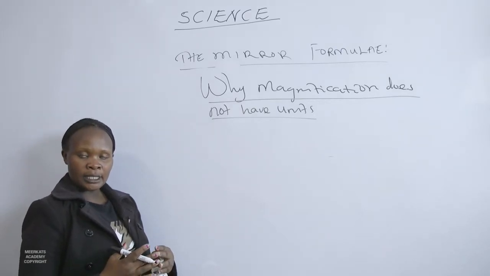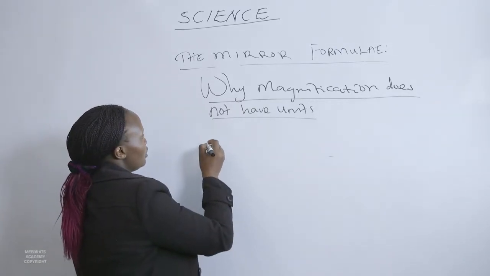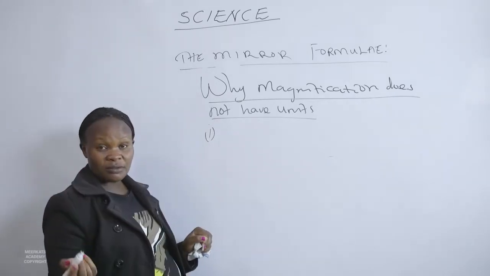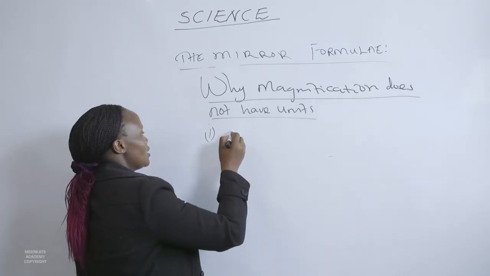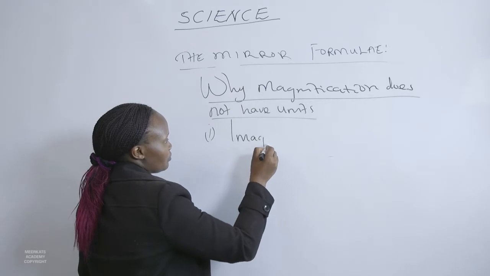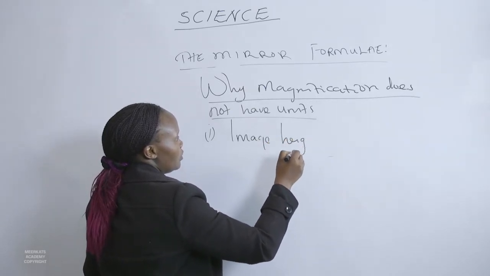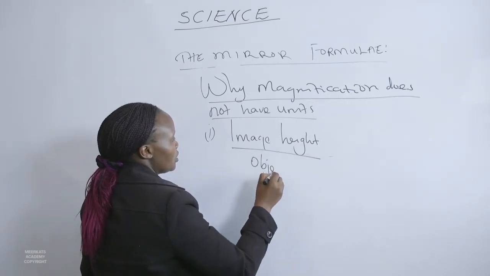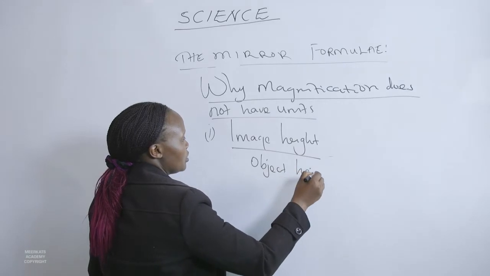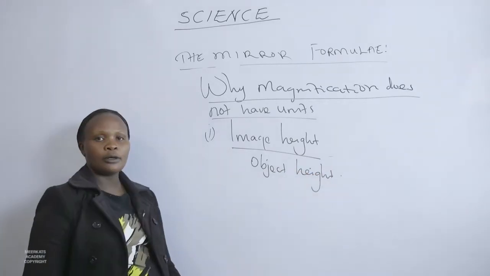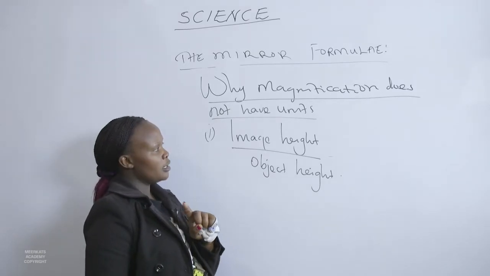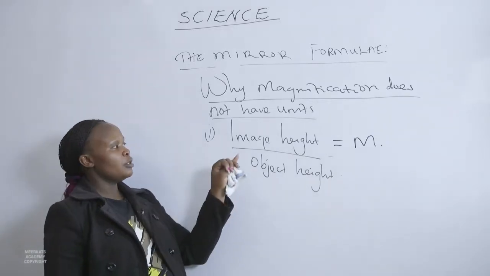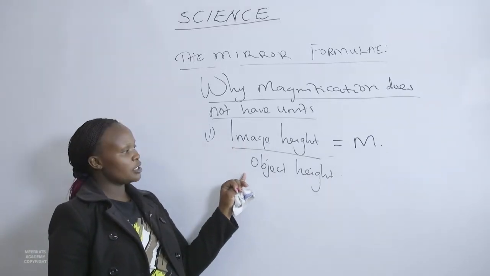And we are going to look at the three methods of getting magnification. Number 1 is image height over object height. Now, look at this. That magnification is the ratio between the image height and the object height.